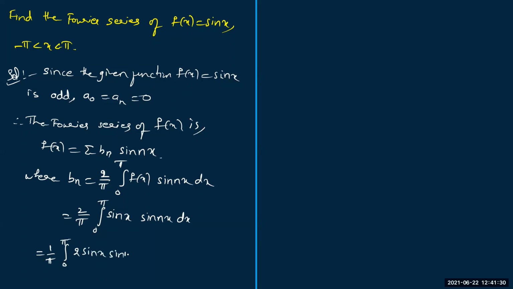It is very much similar to 2 sin A sin B. If you can recall the trigonometric transformations, you can identify this. 2 sin A sin B is cos of A minus B minus cos of A plus B. We can use this simple trigonometric transformation to rewrite this.